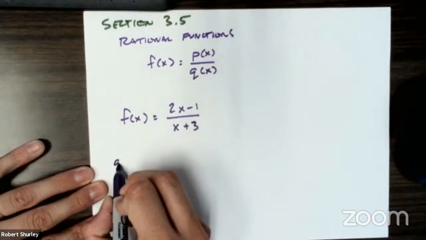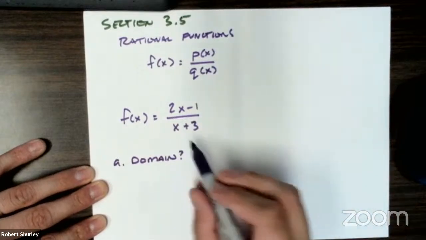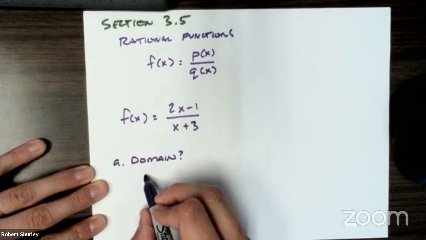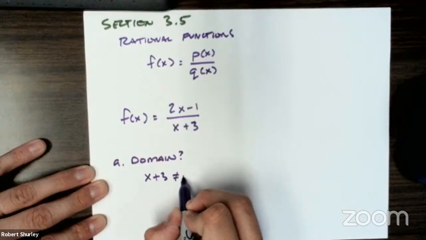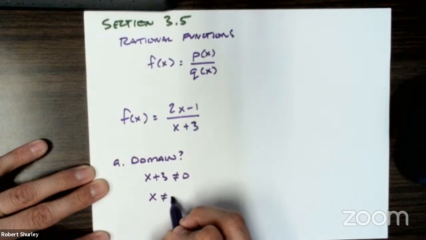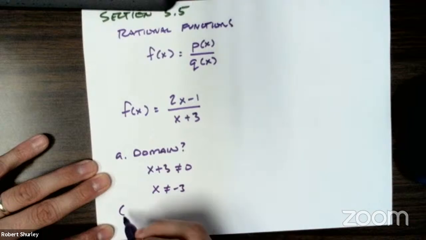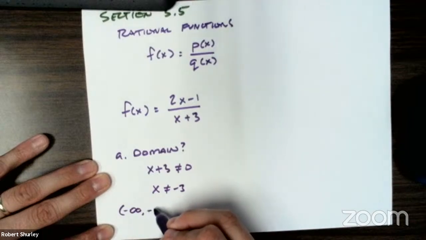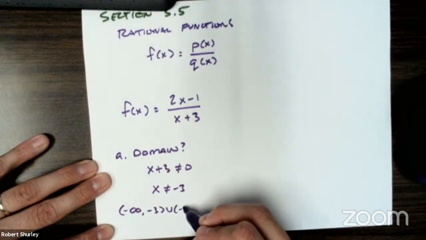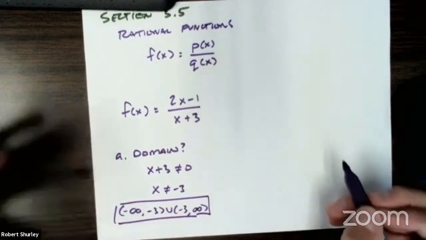If I asked you for the domain, that's going to be the first kind of question anyway, and it's a review. Remember the domain, that denominator could not be 0, right? So if x plus 3 can't be 0, x cannot be negative 3, but this means we go from negative infinity to negative 3, and then union negative 3 to infinity. That was old stuff, right?